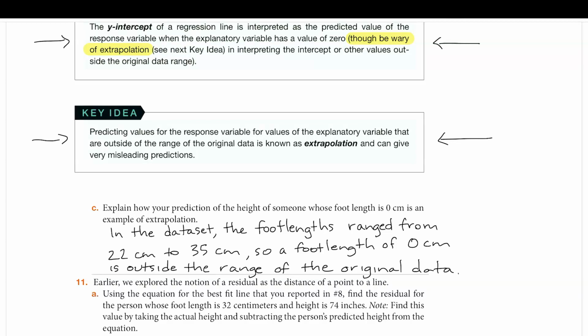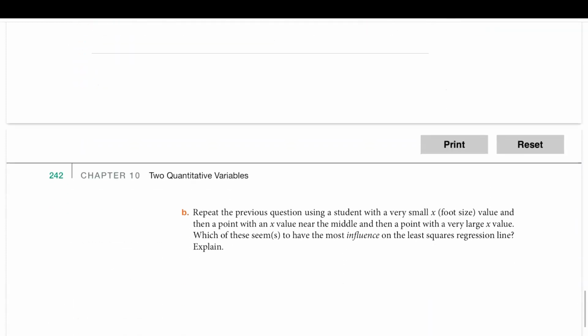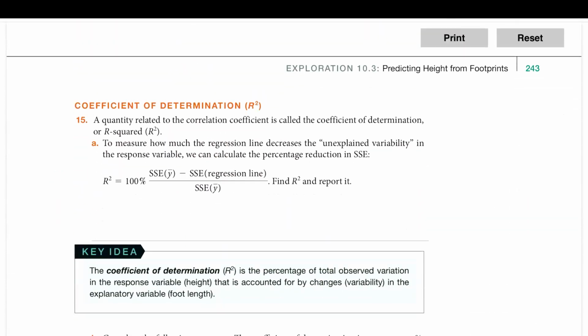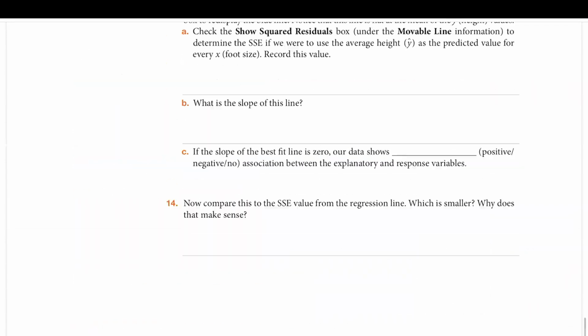I don't actually know; I'd have to go back and look. But maybe nobody had exactly that foot length. We could plug that foot length into our equation and come up with a predicted height, and we could feel pretty good about how close that prediction is going to be. Whereas a foot length of 0 is not even within the data that we had for foot length, and so that's considered extrapolation.